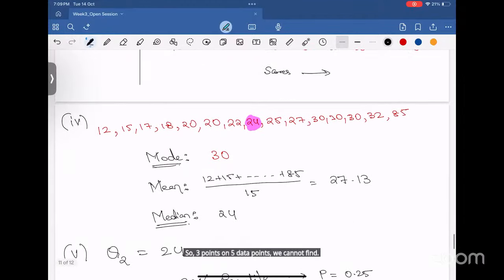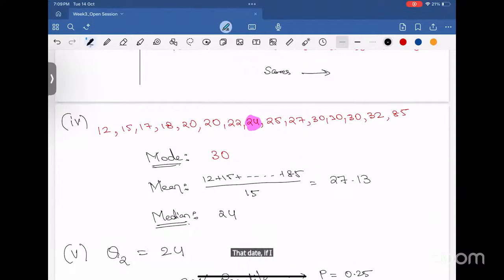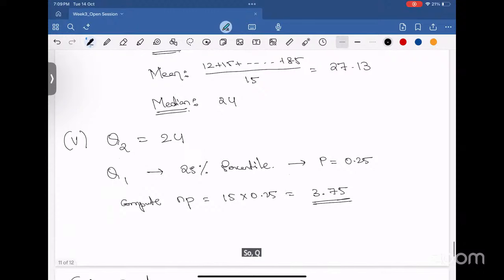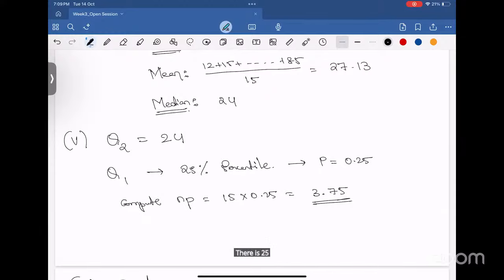So we have to choose the fourth data point, because if I choose the third data point, and look at the left-hand side, the data lesser than that will not be 25 percentile. You will only have 2 data points lesser than it. So whatever data point we choose as Q1, at least 25 percent of the data points are lesser than that Q1.